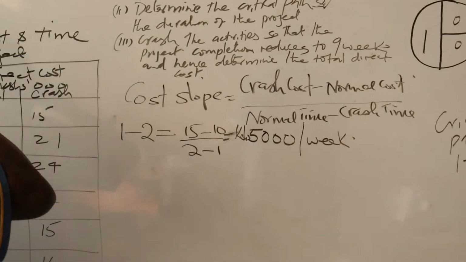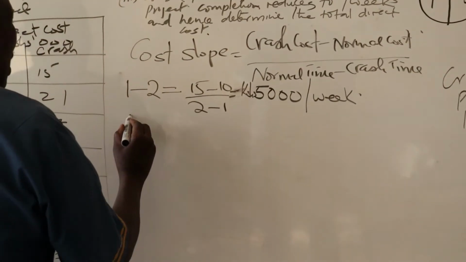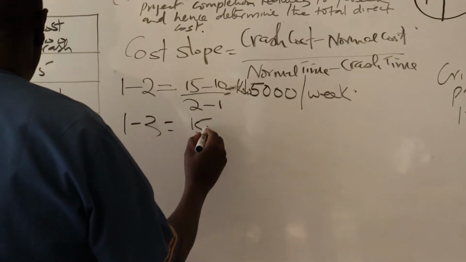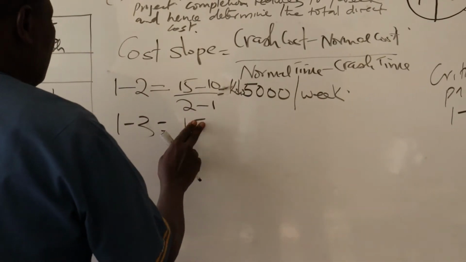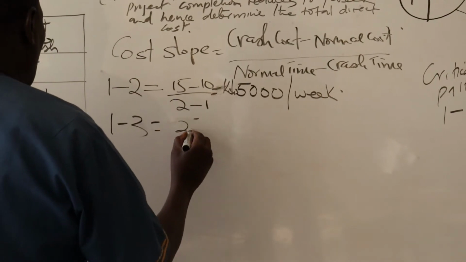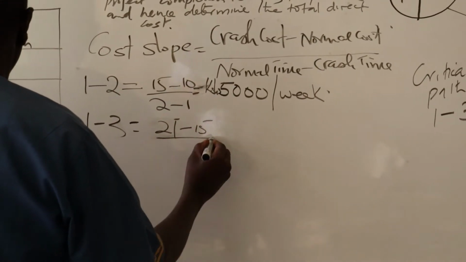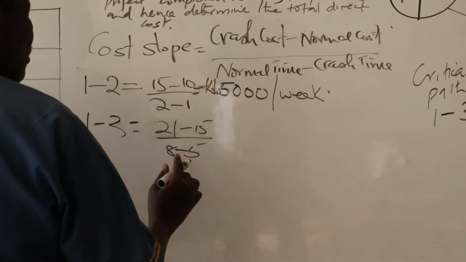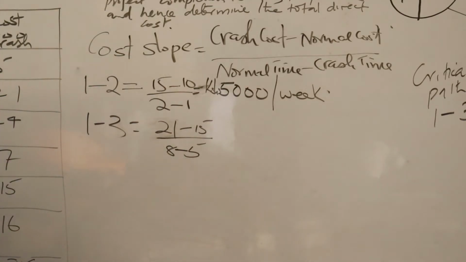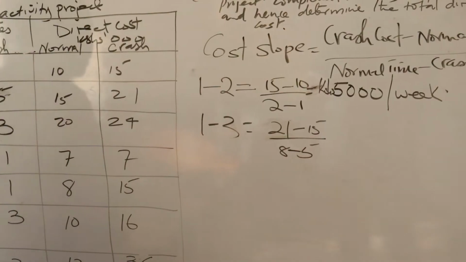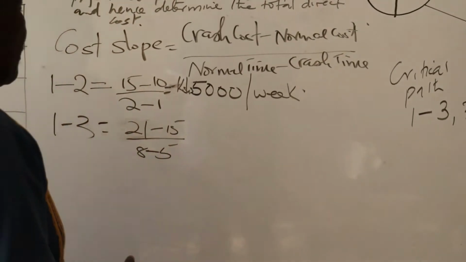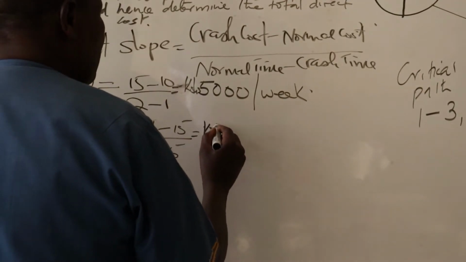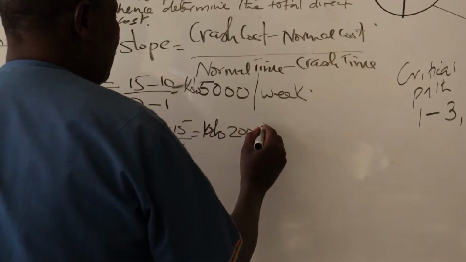That is for 1 to 2. Then for 1 to 3, the cost slope is 21 minus 15 all over 8 minus 5. 21 minus 15 is 6, divided by 3, that gives us Kenya shillings 2,000 per week.